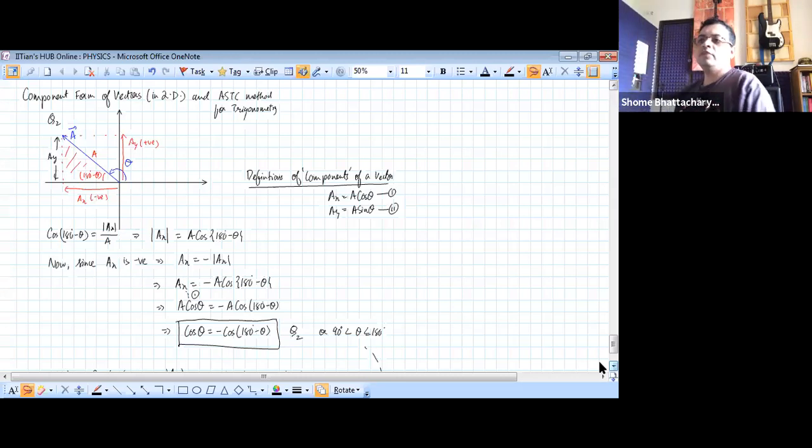I have written above component form of vectors and ESTC method for trigonometry, the relationship between the two. That is the subtopic.